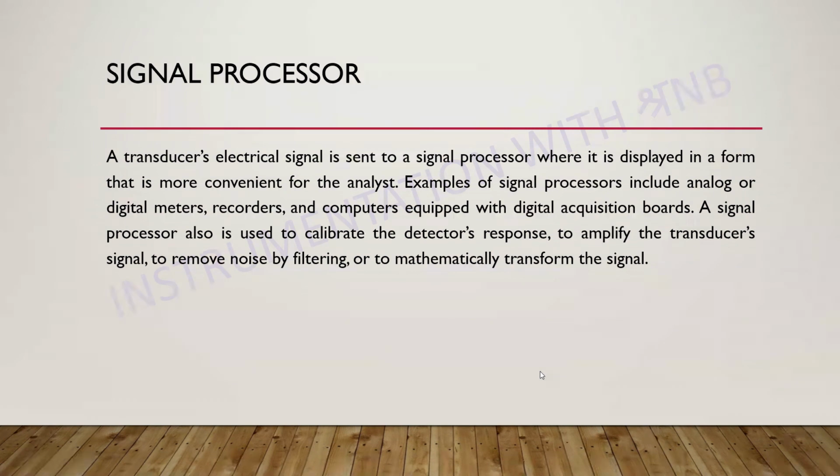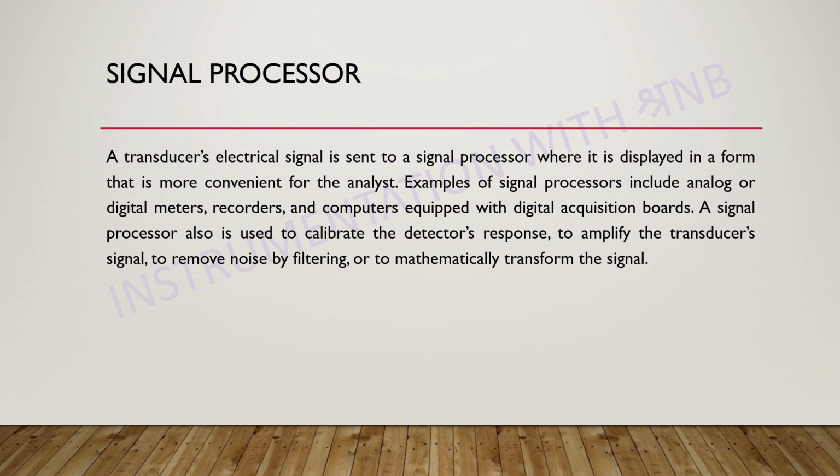Signal processor. A transducer's electrical signal is sent to a signal processor where it is displayed in a form that is more convenient for the analyst, like a readable form. Examples of signal processors include analog or digital meters, recorders, and computers equipped with digital acquisition boards.